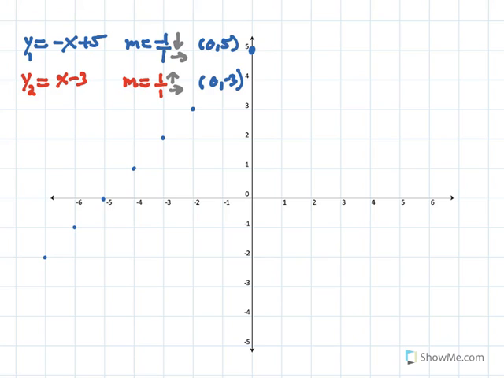Okay, so if I connect these points, just kind of go like that, and that is going to be your y1.